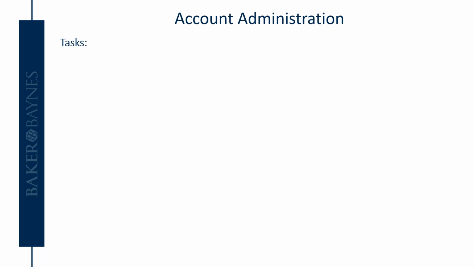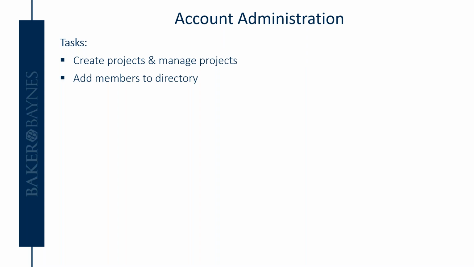These are the tasks that if you find yourself being an account admin on a BIM 360 hub, these are some of the things that you will need to do. You'll create and manage those projects. The project admin can also play a part in managing the projects. You will be responsible for adding members to the directory. It's important to add here that you can have more than one account admin.